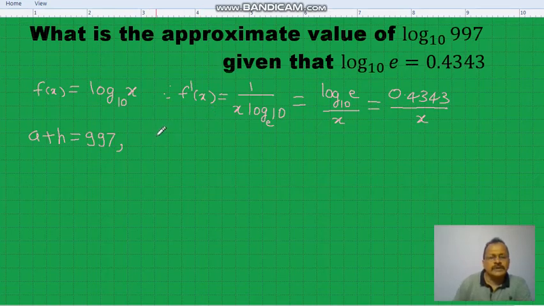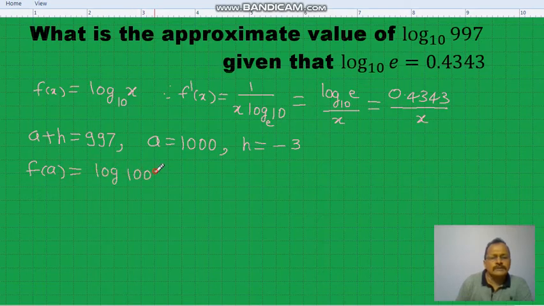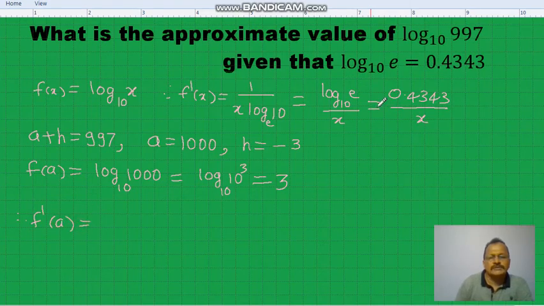Here I will choose a as 1000 because I know log 1000 to the base 10 is equal to 3, and I choose h equal to minus 3, so that a plus h is equal to 997. f(a) is equal to log of 1000, that is log of 10 cube to the base 10. This value is 3.